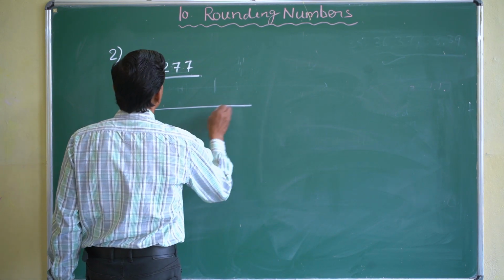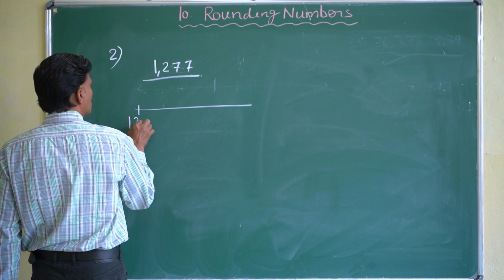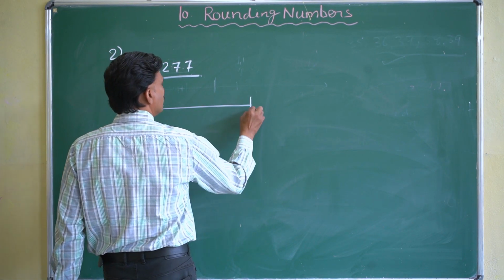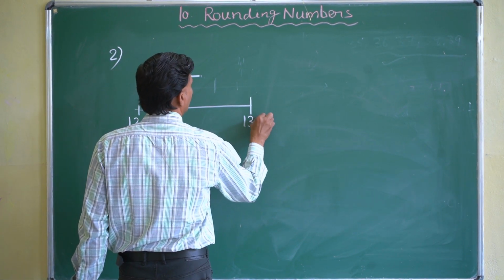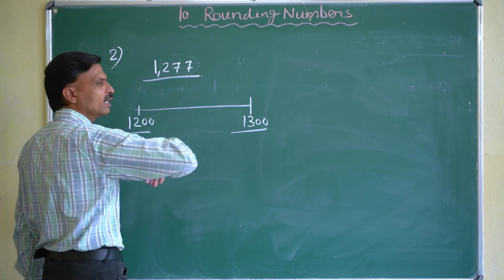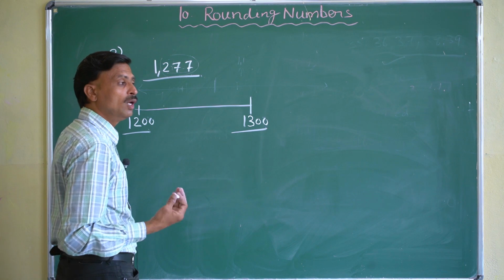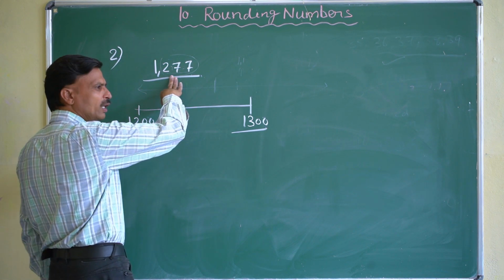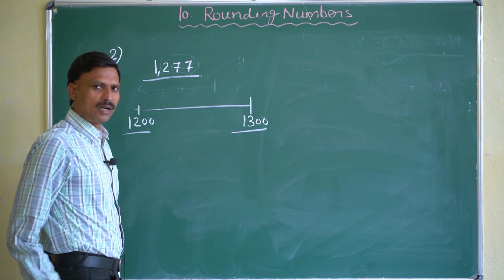It means it will be near to 1200 or near to 1300. So whether it will be 1200 or 1300, that we have to find out.